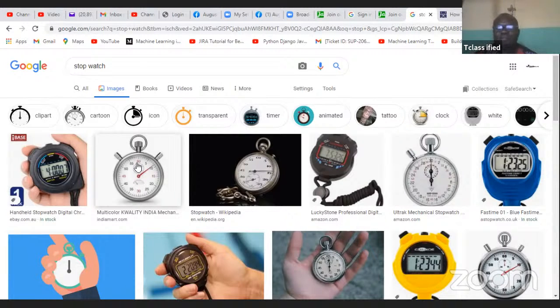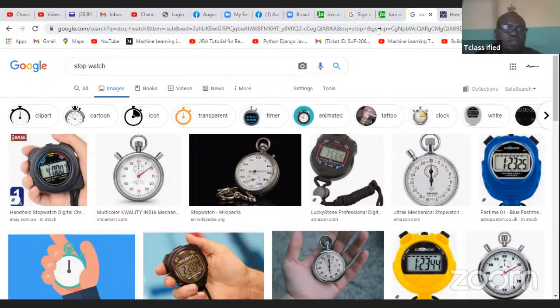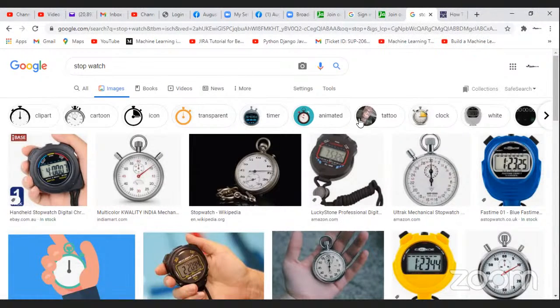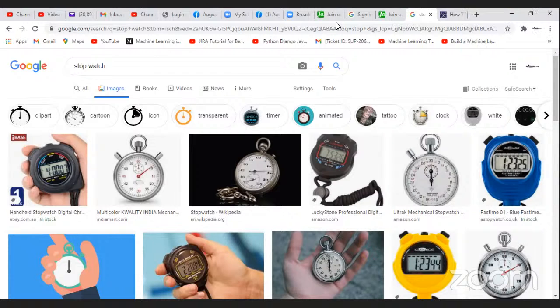So stopwatch can measure to what degree of accuracy? 0.1 seconds. Thank you, that's what I want. So what about the beam balance? 0.001 grams. Good.